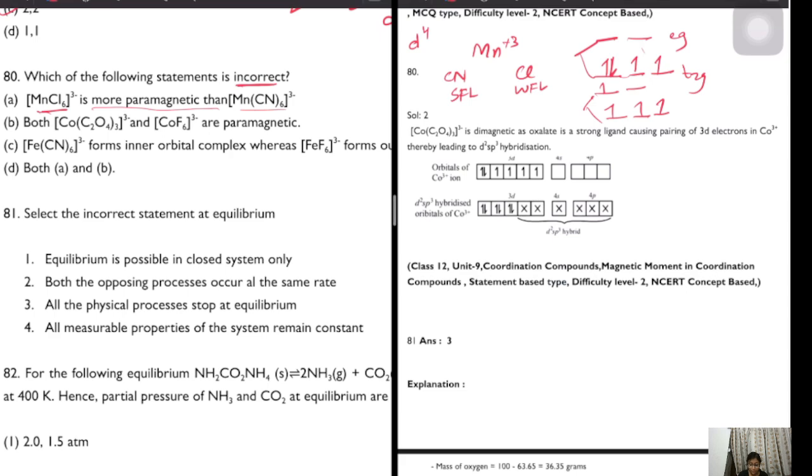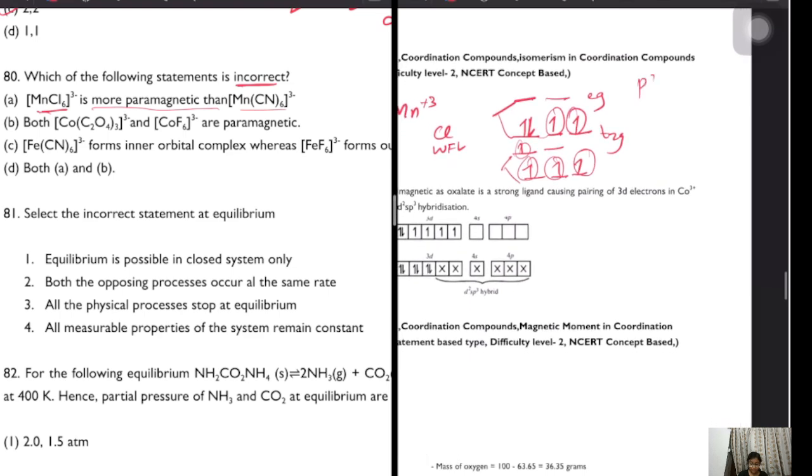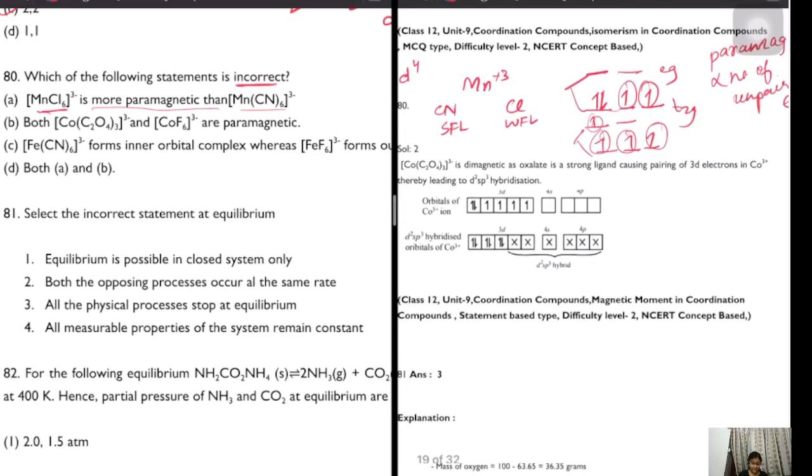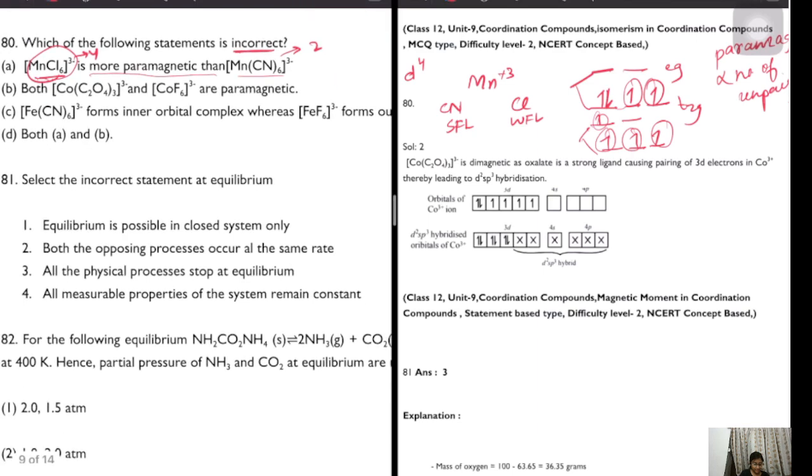So it has 2 unpaired electrons and it has 4 unpaired electrons. And what factor does it depend on? The more unpaired electrons, the more paramagnetism. So our first statement is correct, that it has 4 unpaired electrons. It has only 2. So this is a correct statement.